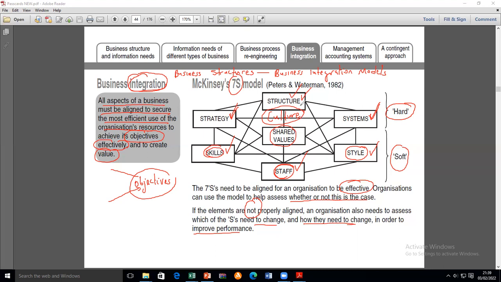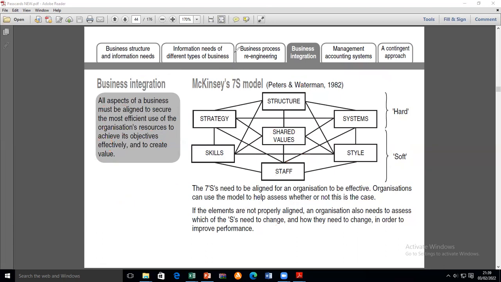So in every organization, if we're going to work well, we need to identify these variables and ensure that they are properly aligned. So that is the aspect of this business integration model.